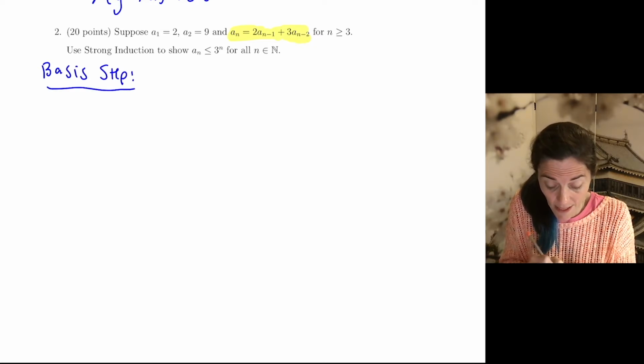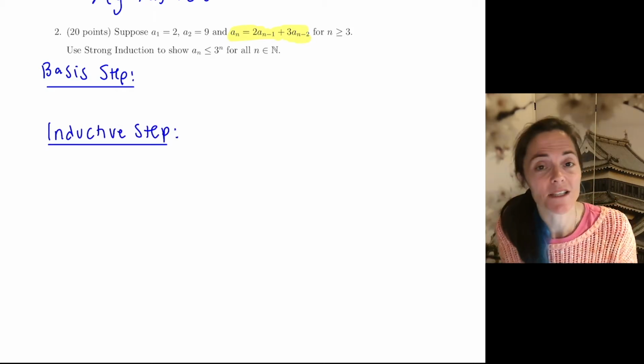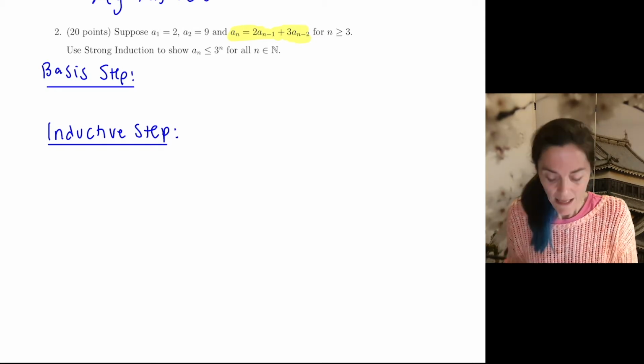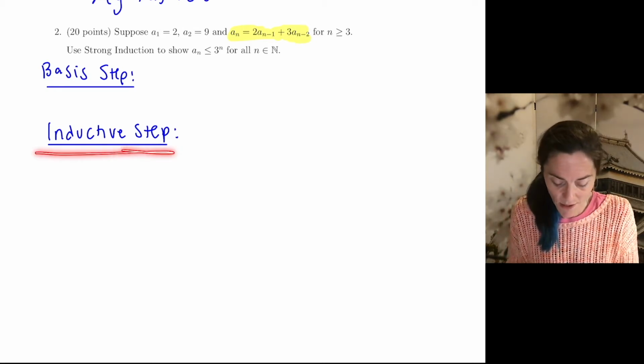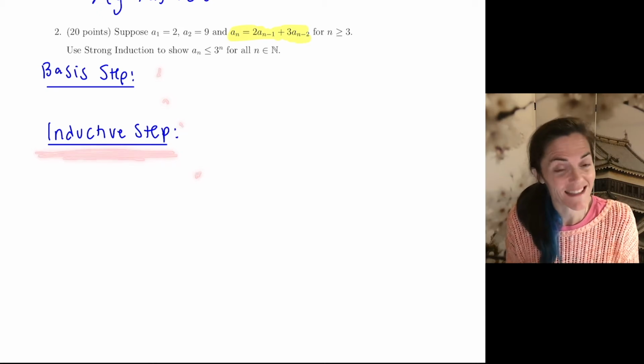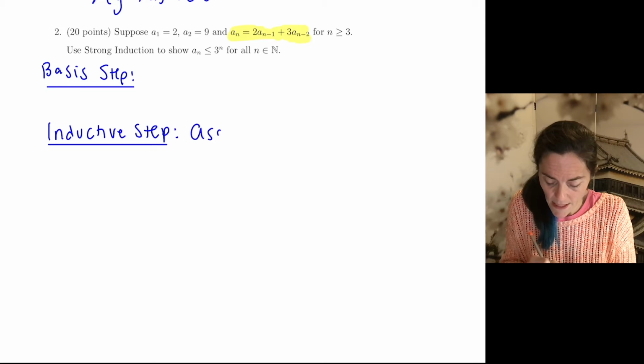Now, typically, as you know, when I'm doing strong induction, I will start with the inductive step to figure out how many cases I need to check in my basis step. So just in our thought process, let's start here, and then I can go back and make sure I check the right number of cases for my basis step. So the inductive step will begin something like this.